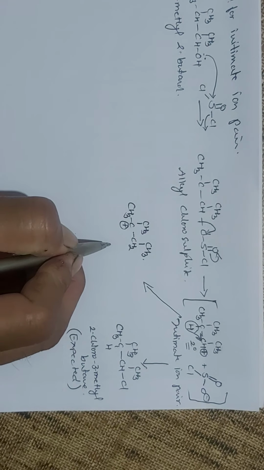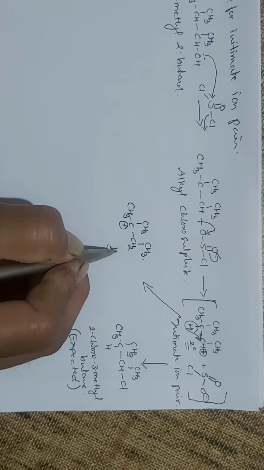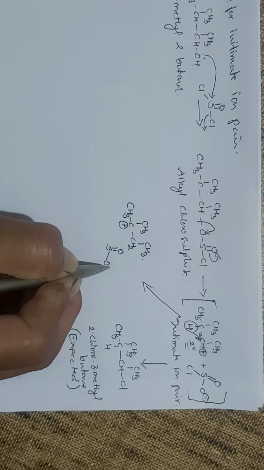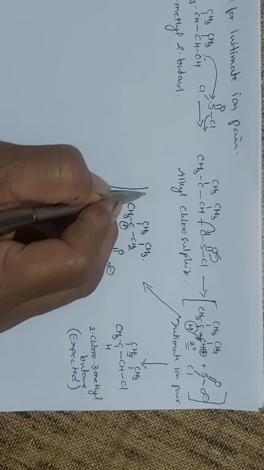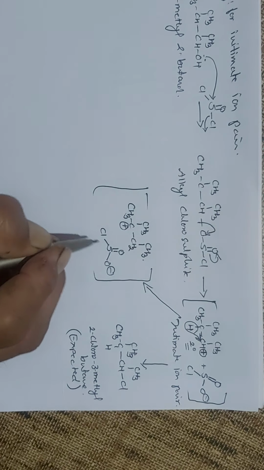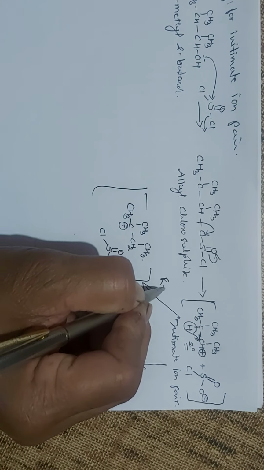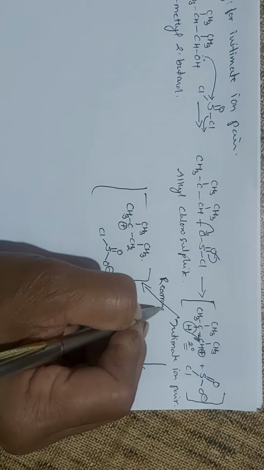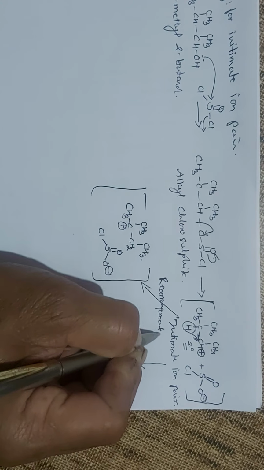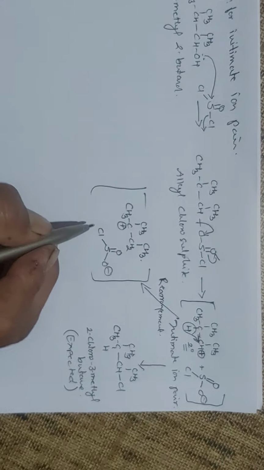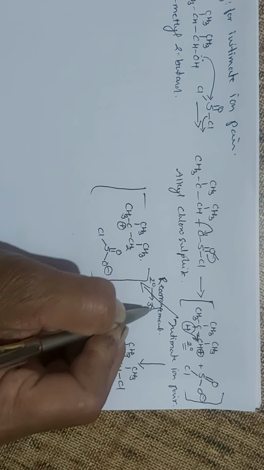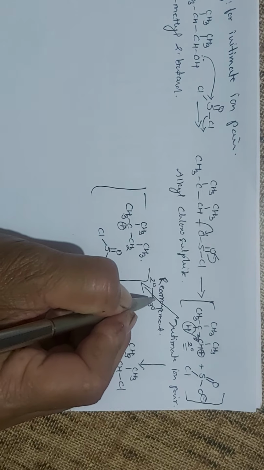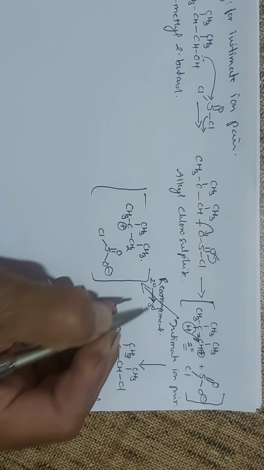And so the intimate ion pair obtained is with the tertiary carbocation, because here it undergoes rearrangement. This rearrangement from secondary to tertiary carbocation takes place in this step.